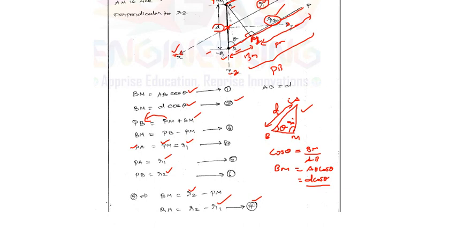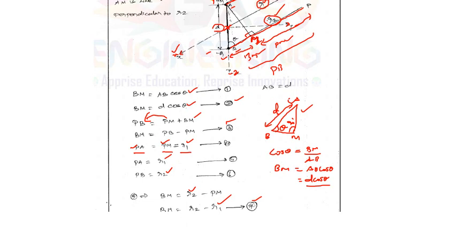So PA is equal to PM, which is equal to R1. So PB is equal to PM plus BM. Then if you want to find BM, it is the total distance PB minus PM. That is equation number 3.